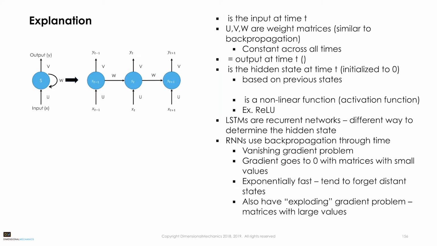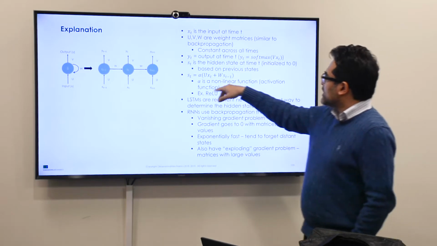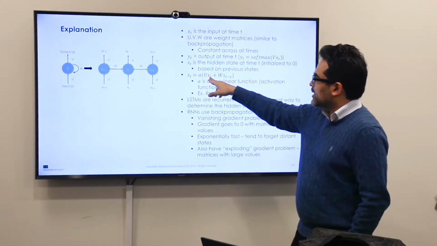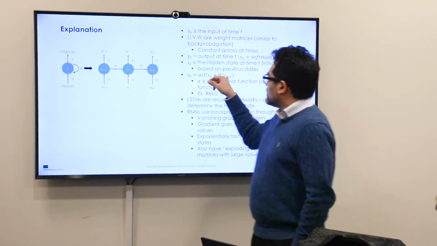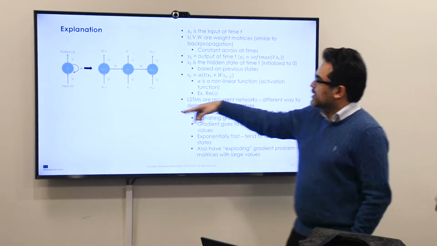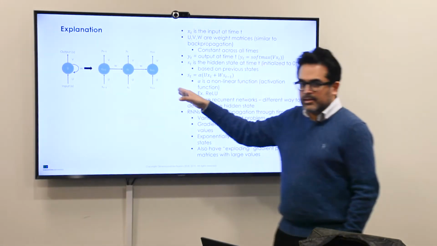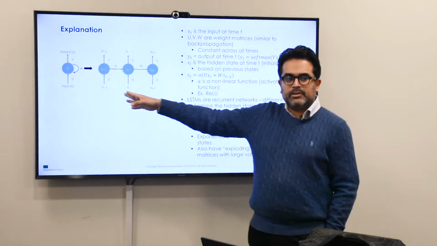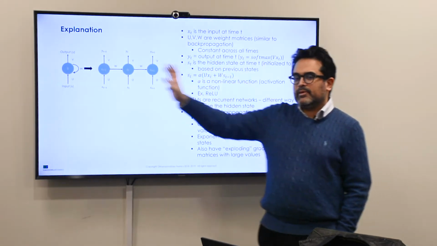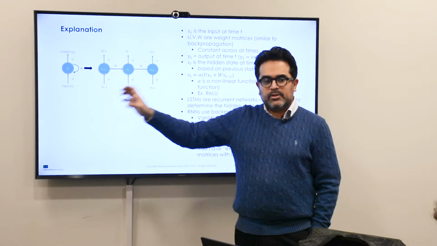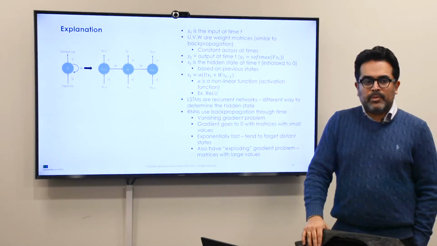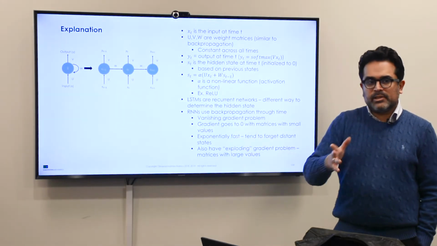The other thing is that when you do the math, this is an iteration. If I plug in xt and st minus 1 and go through this, what you end up seeing is that as you progress, you get an exponential decay of the previous state. So it forgets the previous values very quickly, which means RNNs on their own only remember the closest states.